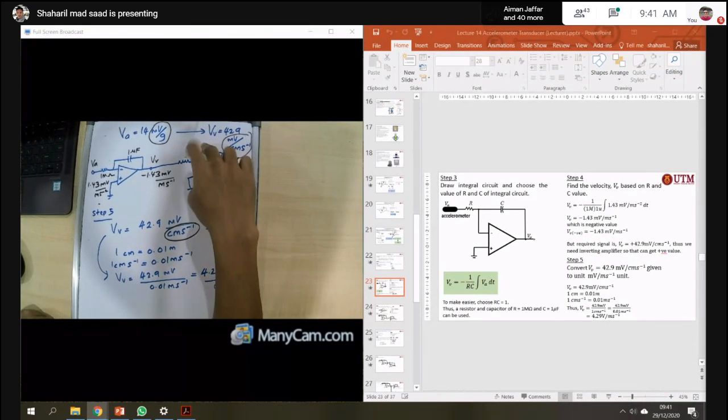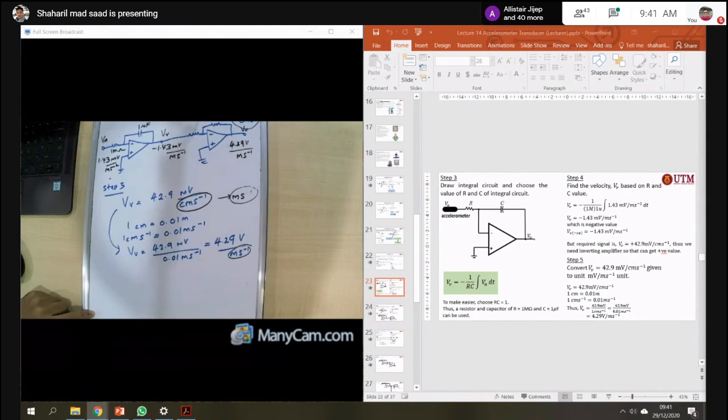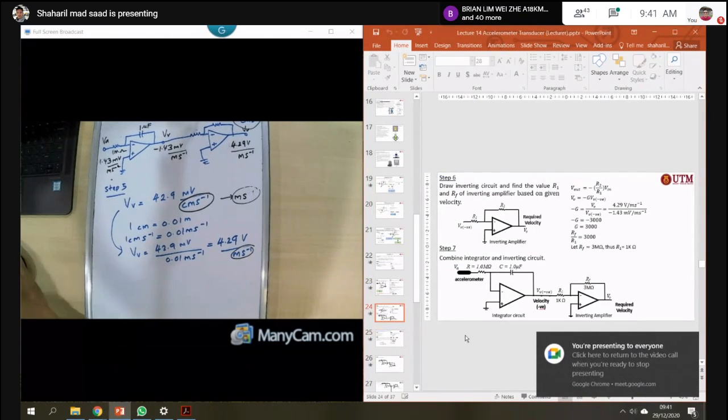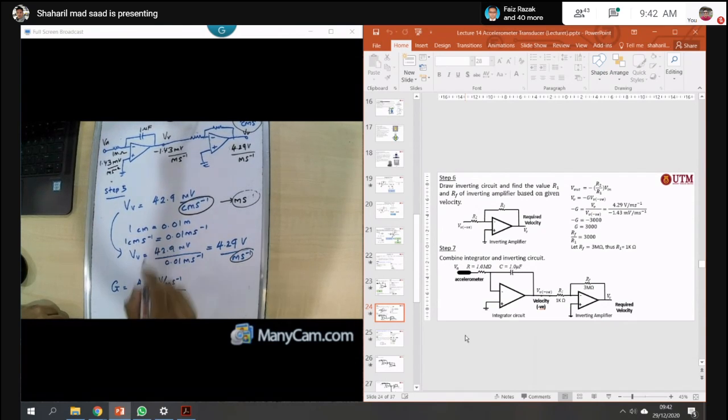Right. So what is this resistor value? You're going to divide this one with this one. Alright. Let's proceed to the next slide. So what we need is our G here equal to 4.29 volt per meter per second, divided by 1.43 millivolt per meter per second here.